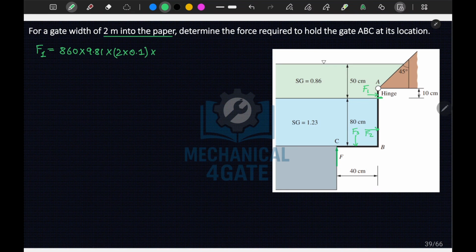If you look into this part only, this will be 5 centimeter, 5 centimeter is 0.05, okay. So if I multiply this, this will be 860 into 9.81 into 0.2 into 0.05, okay. So this comes out to be F1 is equal to 84.37 Newton, okay.